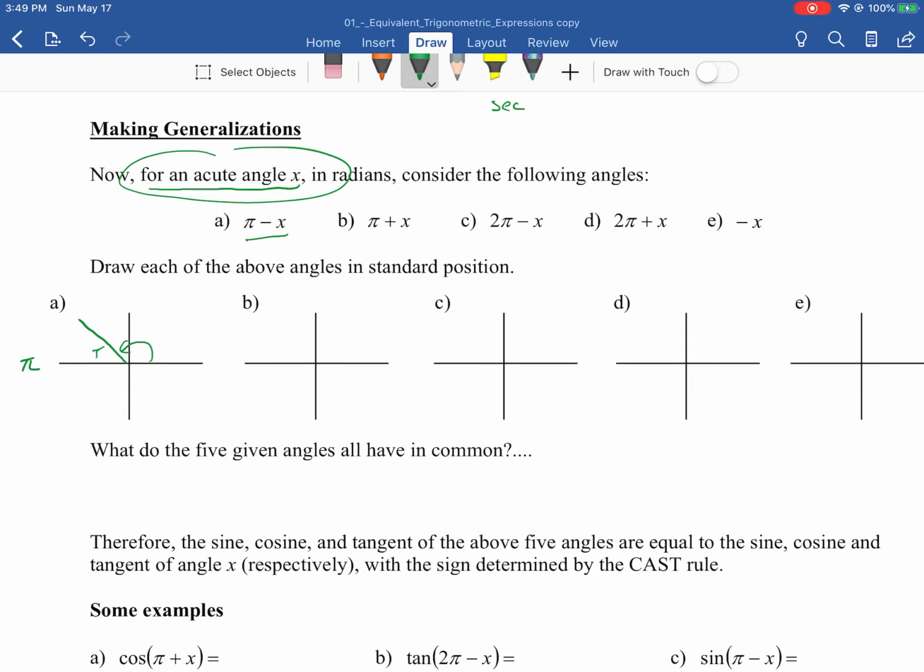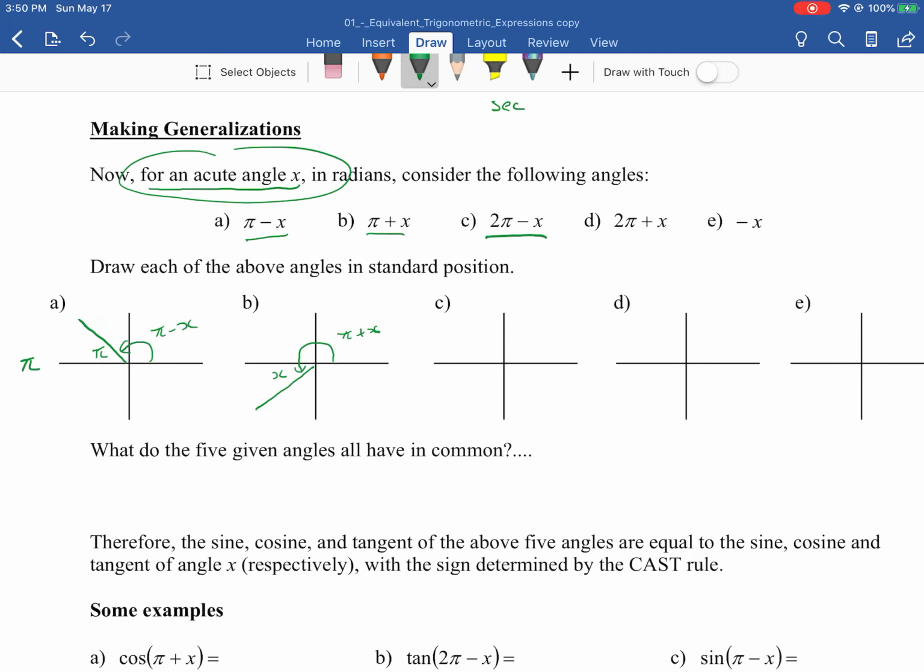So when I go pi minus x, there's the angle pi minus x. It doesn't get all the way to pi. It's got to be pi subtract a little bit. The next one they want is pi plus x, so then I've got to go here. I've got to go pi, but then I've got to go an extra little bit x.